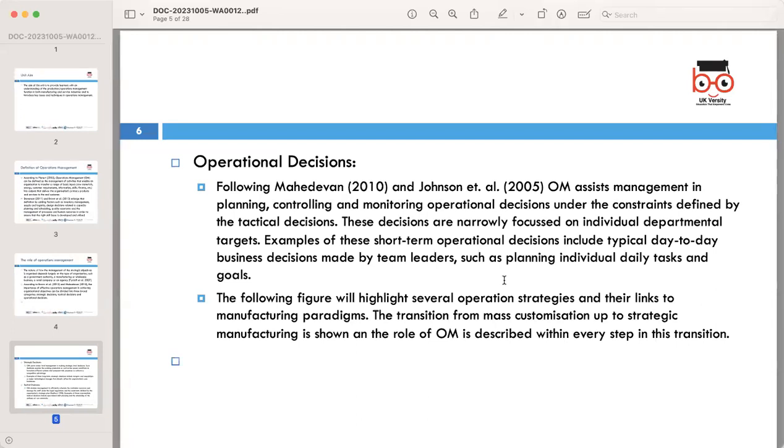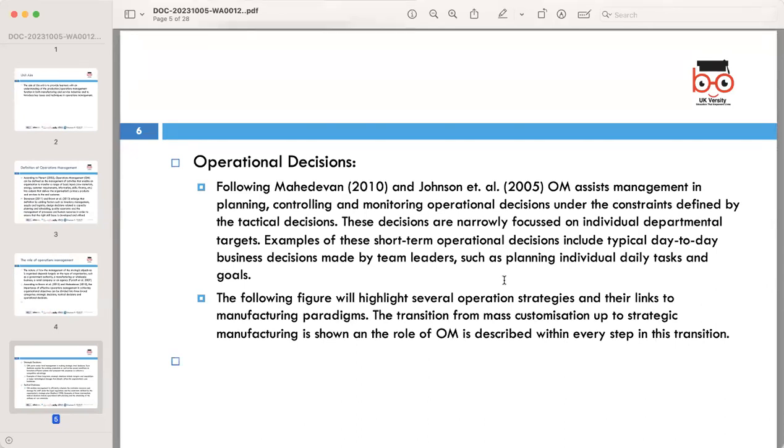So these operational decisions are inherently focused on the specific objectives of individual departments within the organization. They are frequently associated with the day-to-day decision-making process led normally by team leaders, area managers, or section managers.